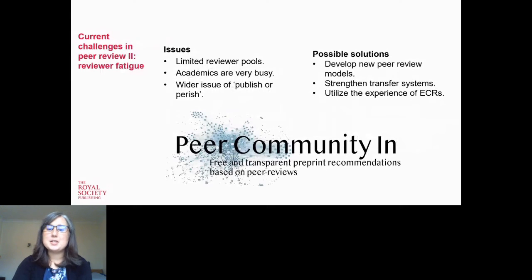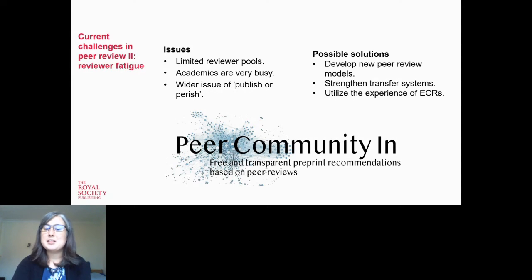There are a number of other challenges in peer review. Over the next 2 slides, I'm going to discuss reviewer fatigue and variation in the quality of peer reviews. Both of these are interlinked and in part due to the pressure on academics. Firstly, in some fields, there are very limited numbers of reviewers that can be invited. Sometimes a paper may have numerous authors, so finding suitable reviewers who don't have conflicts of interest can be very challenging.